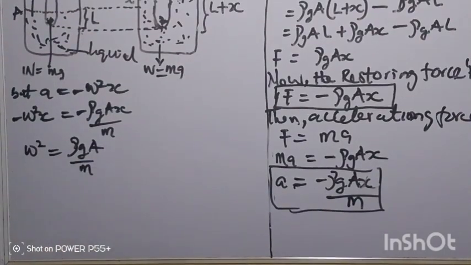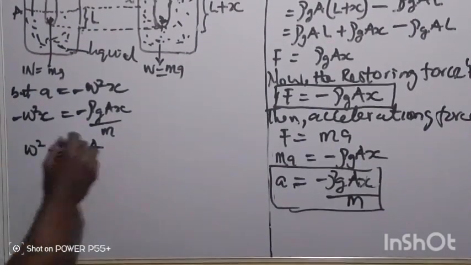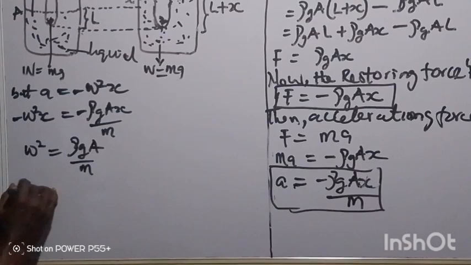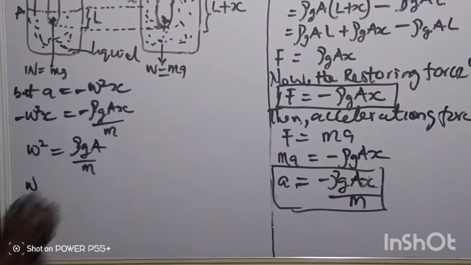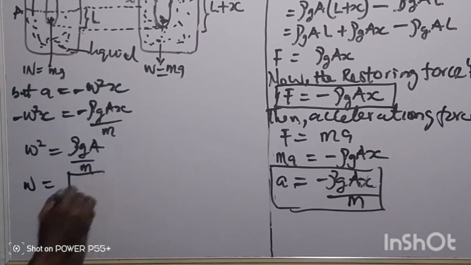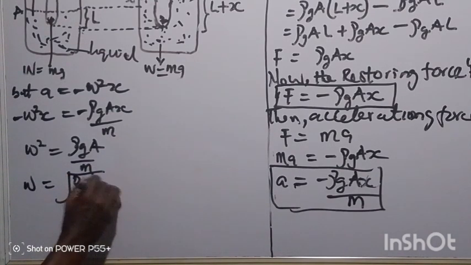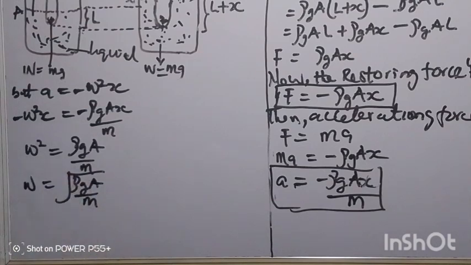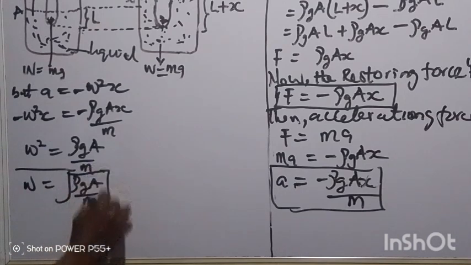So the angular frequency or angular velocity of a loaded test tube on liquid will be given as omega is equal to density G A over M all under square root. That is the formula to calculate the angular frequency or angular velocity.